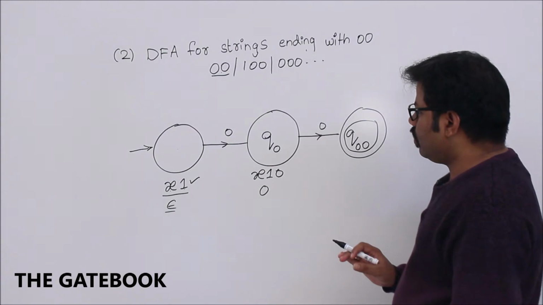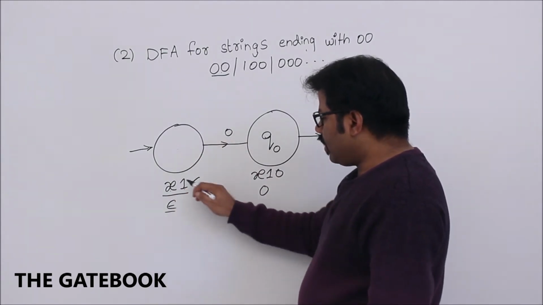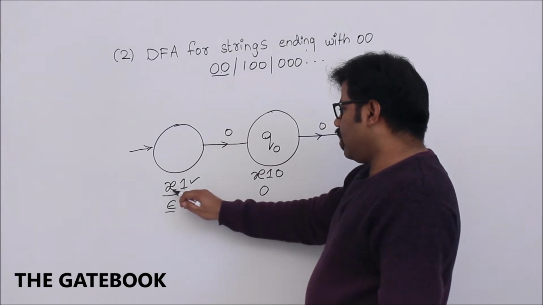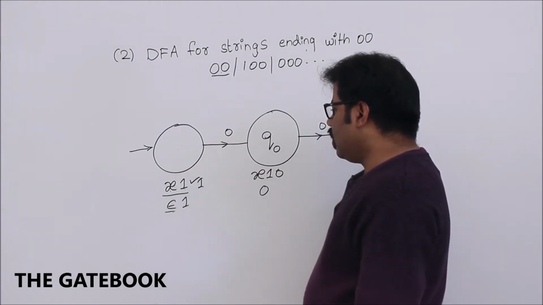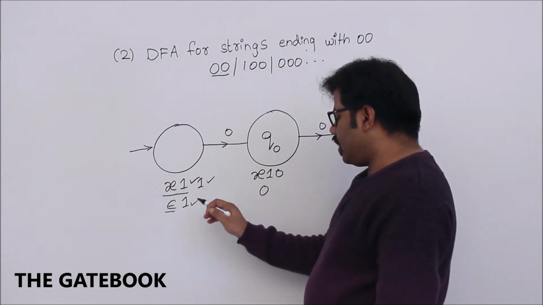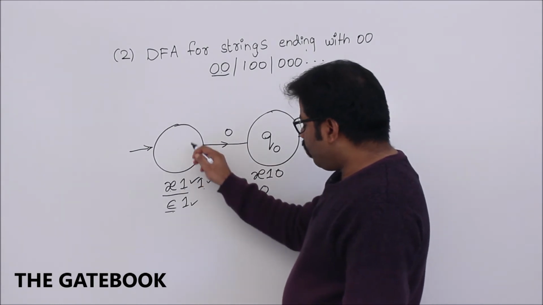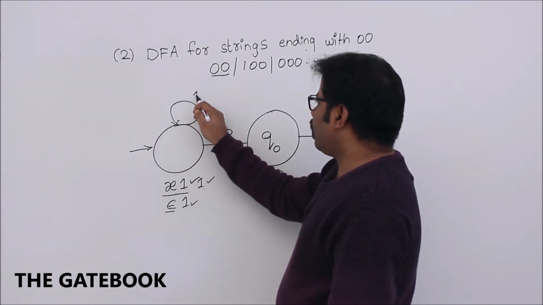Everything is good. Now let us talk about 1. If you are here, then your patterns are either epsilon or a string ending with 1. If 1 comes in both situations, then again your string is ending with 1. For that you have to be in this state because the state is designed for that. That's why I add a loop here.